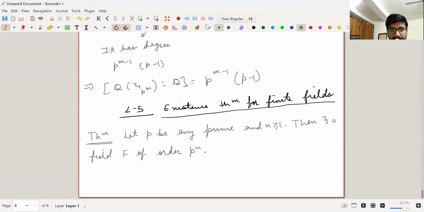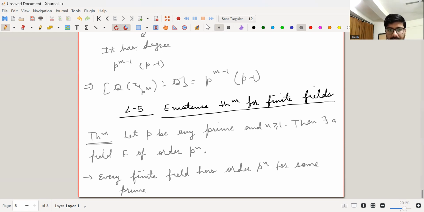The converse is also true, that is, every finite field has order p^n for some prime p and n a natural number. So whatever finite field you consider, it is always of order p^n, and for each prime p and each n, you will always get a finite field.